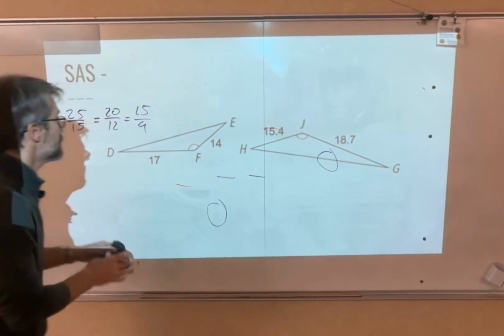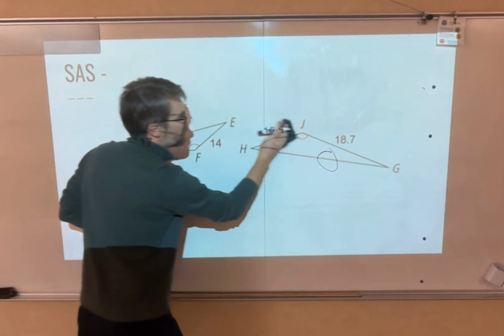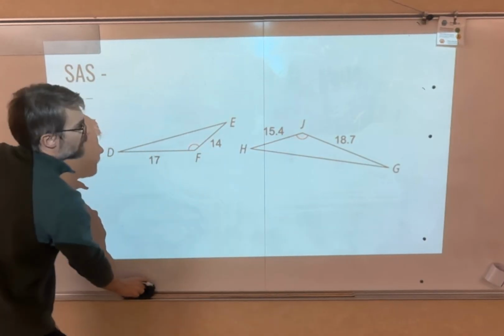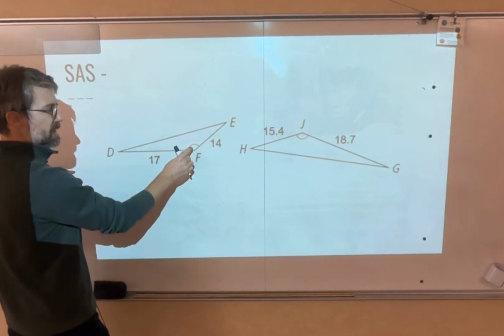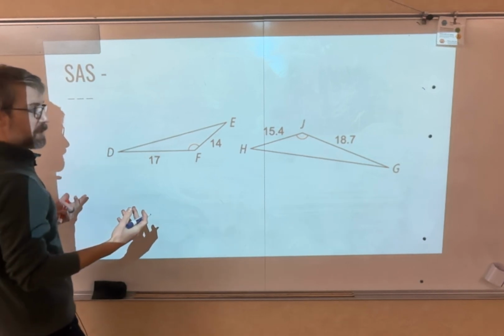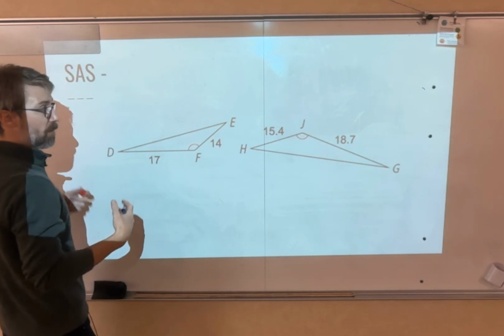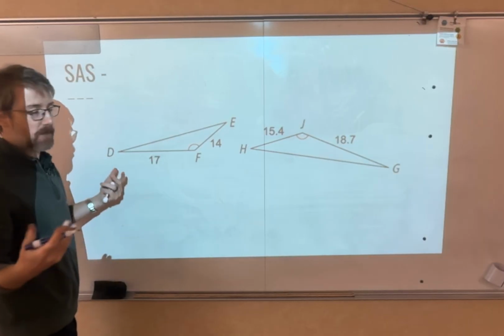All right, we can also do side, angle, side. In this case, it's given that F and J are both congruent, so if the sides around them are proportionally similar, then the triangles are going to be similar.